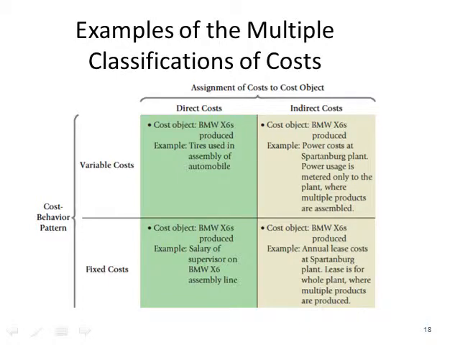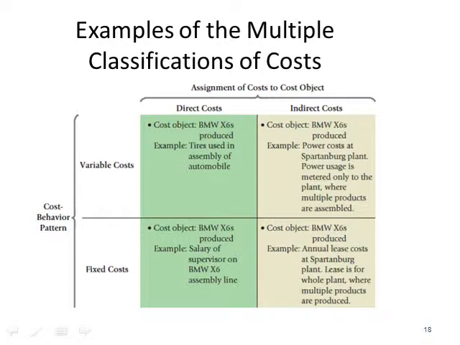And so once again, using the BMW X6 as an example, we see here examples of the various combinations that can occur for direct and indirect versus variable and fixed. A variable direct cost would be something like tires used in the assembly of automobiles. Barring quantity discounts, the variable costs are going to change in proportion, as a direct cost, to the number of BMW X6s produced.